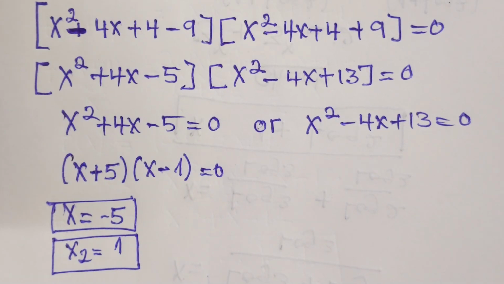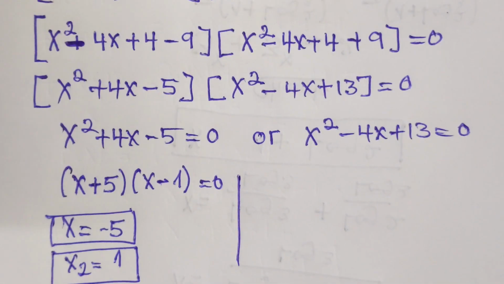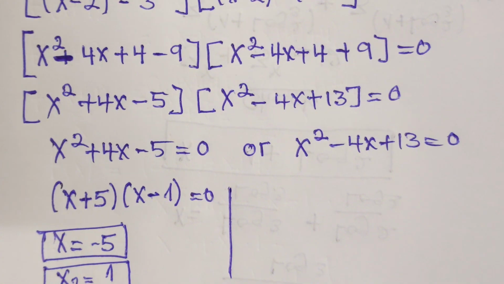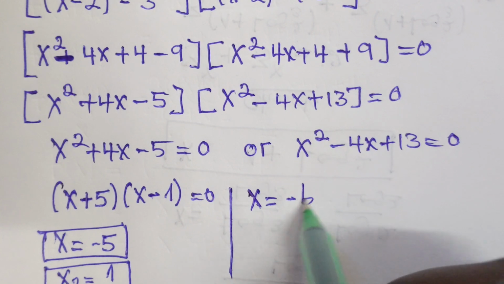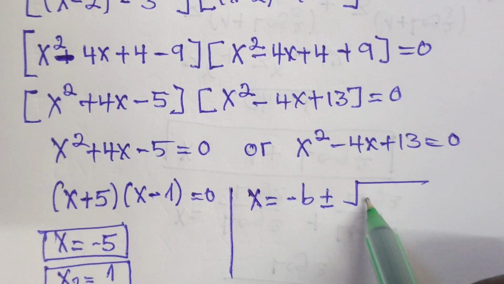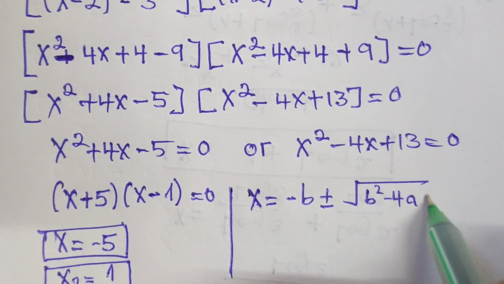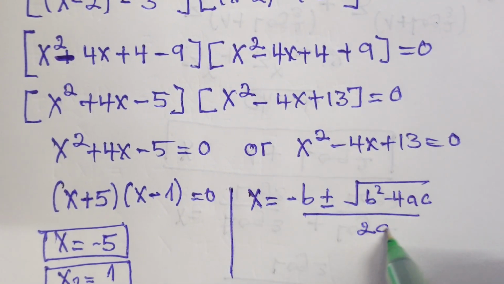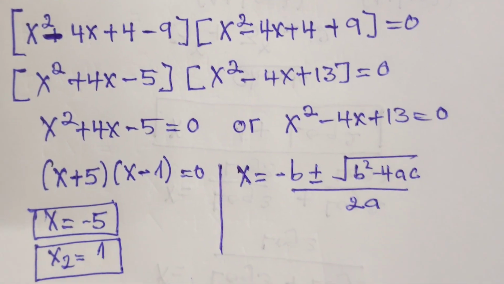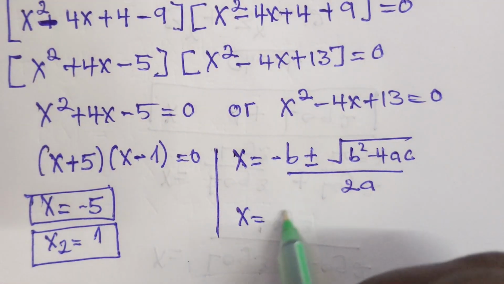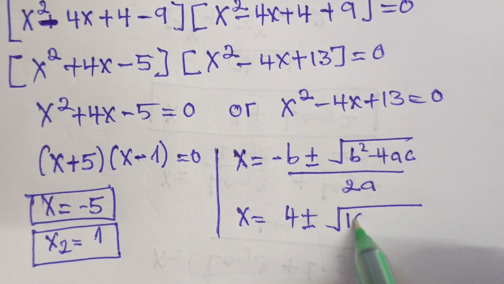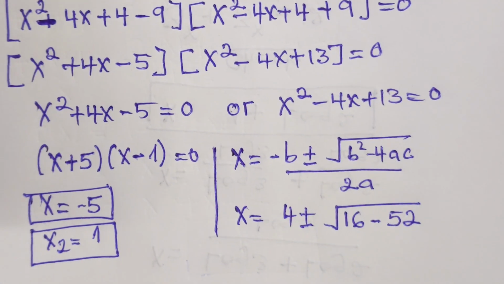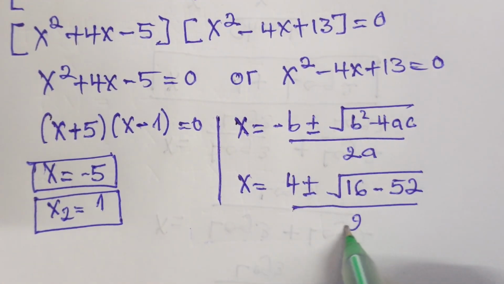You have to find the other complex numbers from right over here by using the formula method, where x equals negative b plus or minus square root of b squared minus 4ac over 2a. Right, then x will be 4 plus or minus square root of b squared, which is 16, minus 52, 4 times 13, over 2.